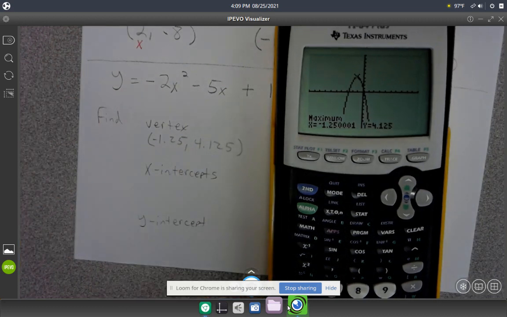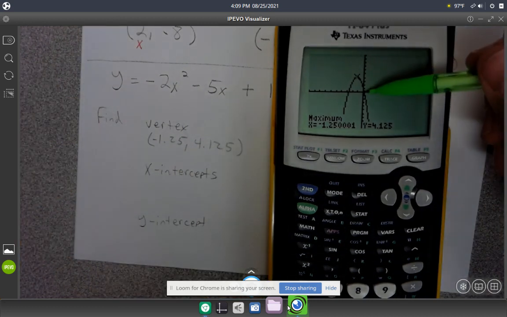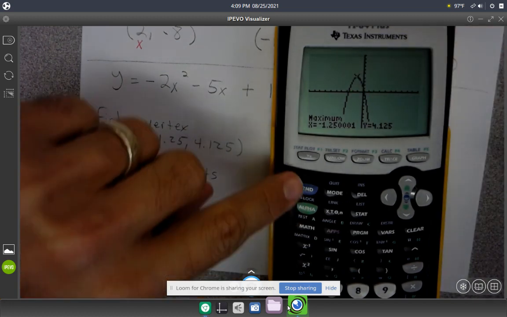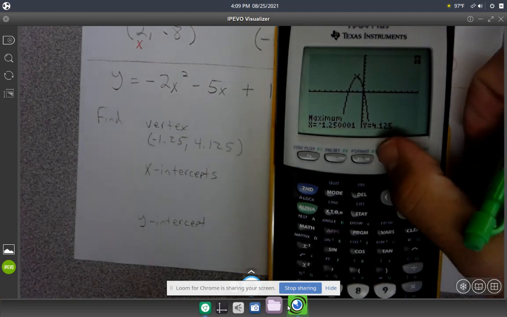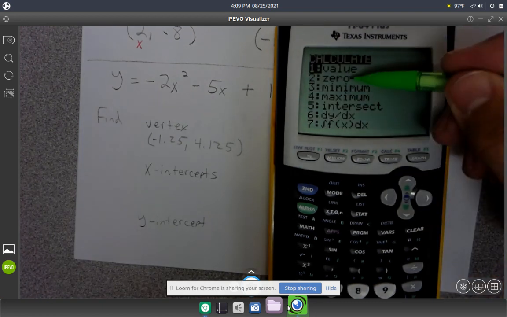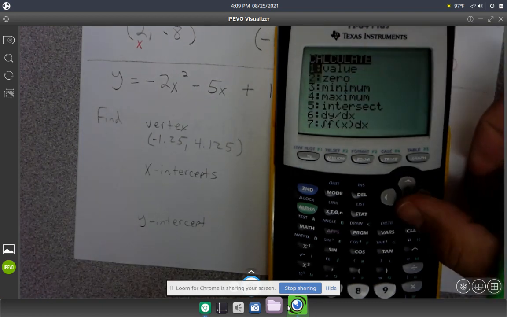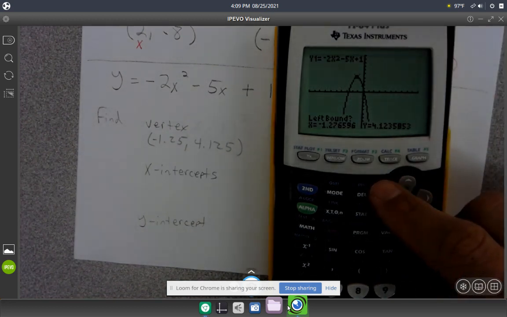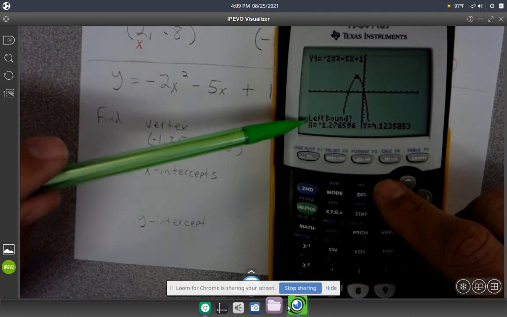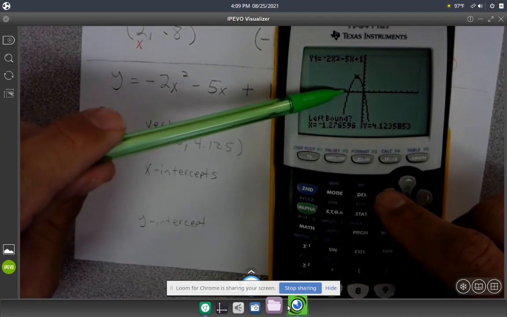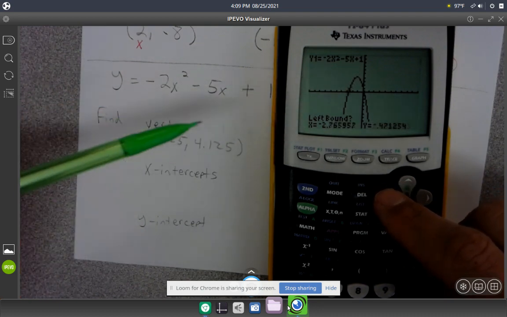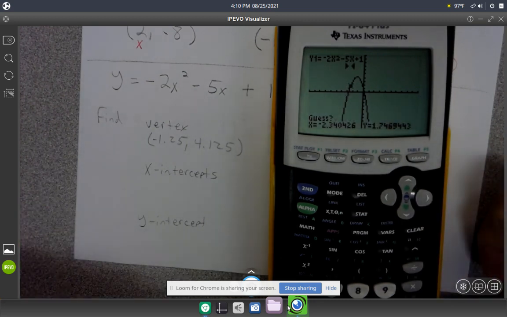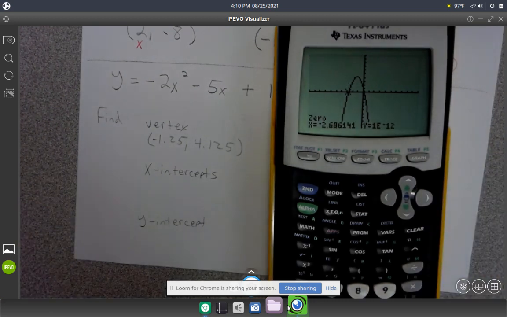Awesome. The two x-intercepts: you've got one there and one there. For that, we'll go back to the calc menu. The command is going to be zero right here. We need to get our blinking dot to the left of that x-intercept spot. So go to the left, press enter, go to the right of it, press enter, and then enter for the guess.